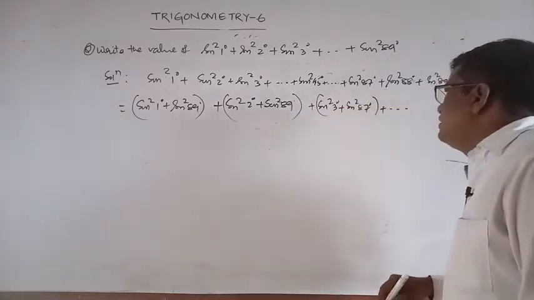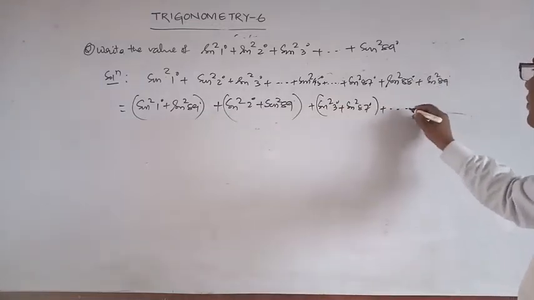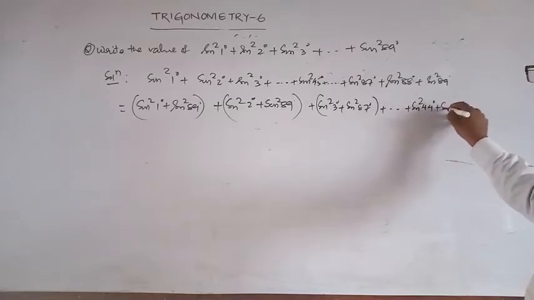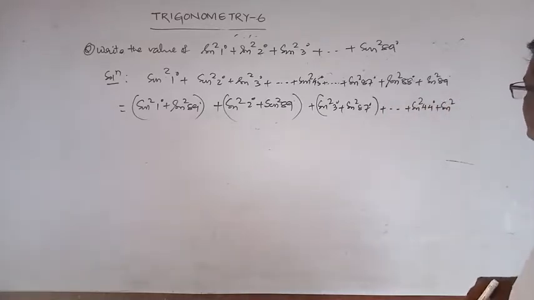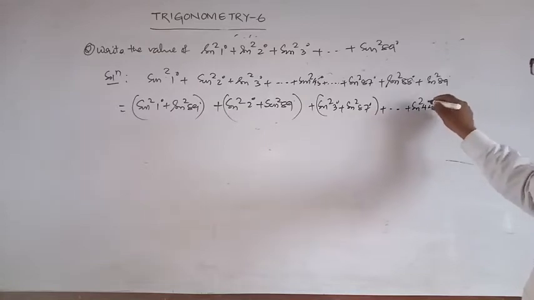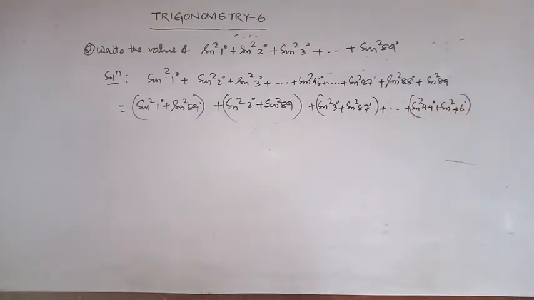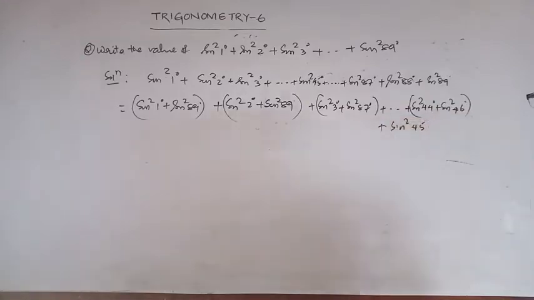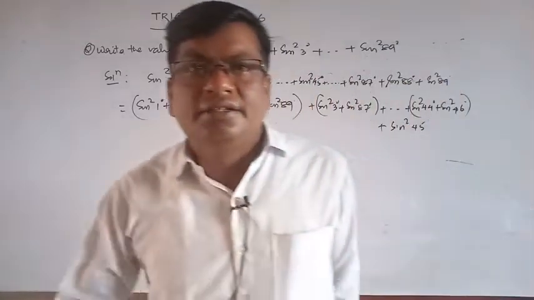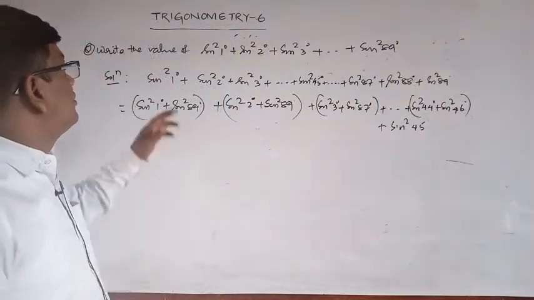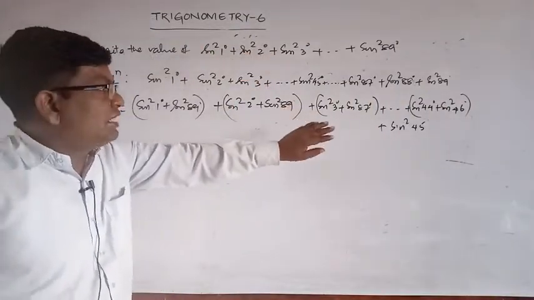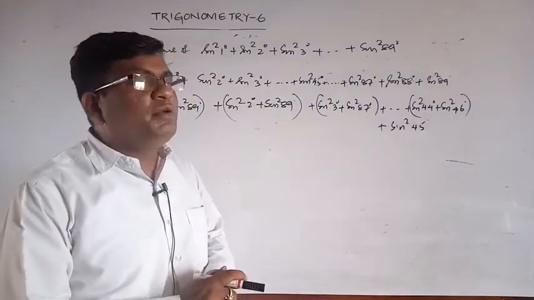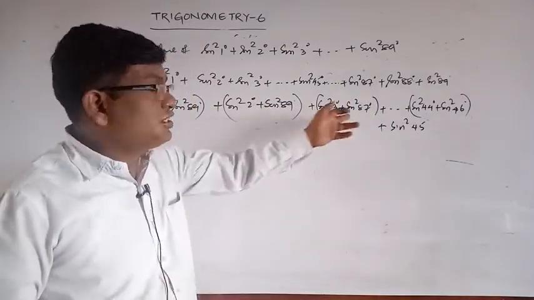Up to sin²44° plus sin²46°, another pair, and remaining here sin²45°. How many pairs are there? There are 89 terms, but sin²45° is excluded here. So 88 divided by 2, that is 44 such pairs.